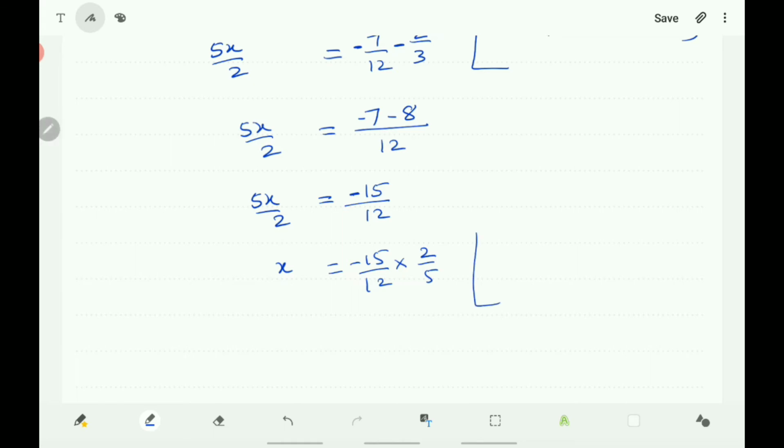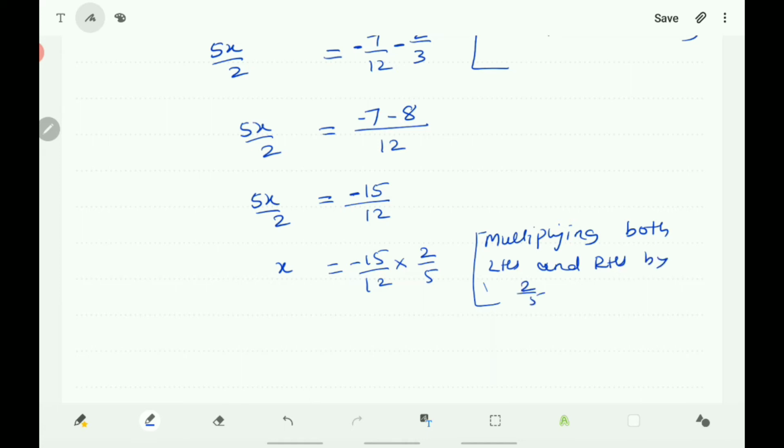So what you have done here? By multiplying both LHS and RHS by 2 by 5.